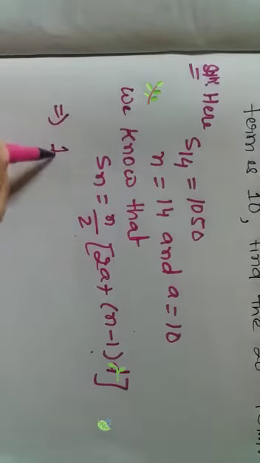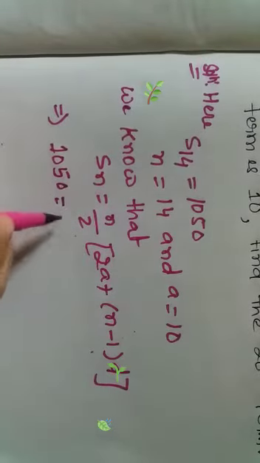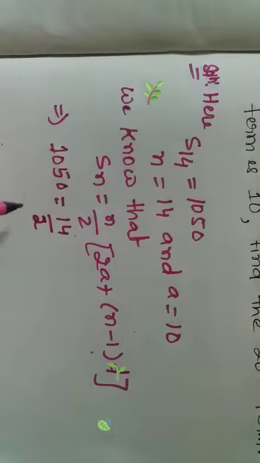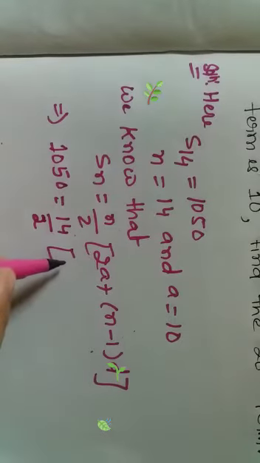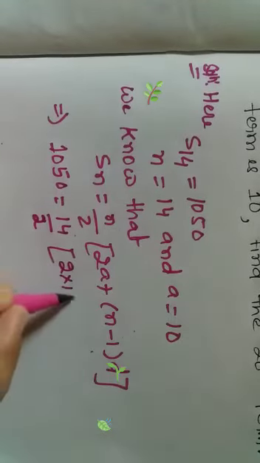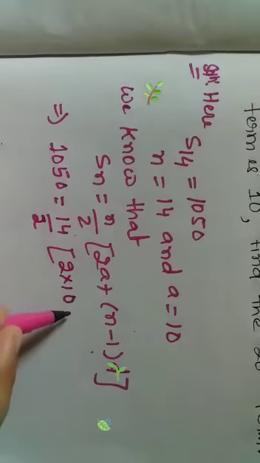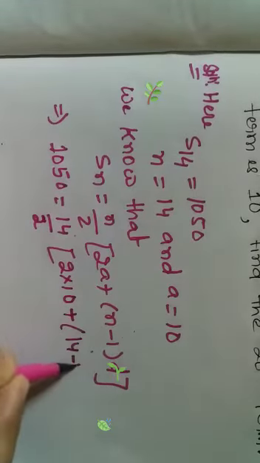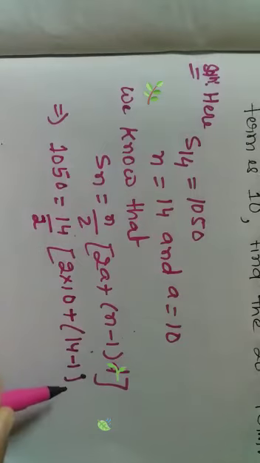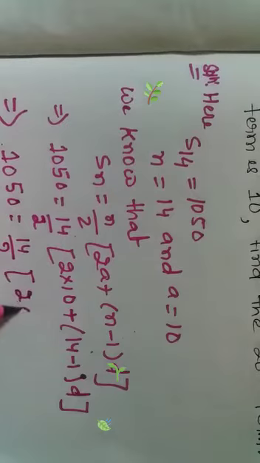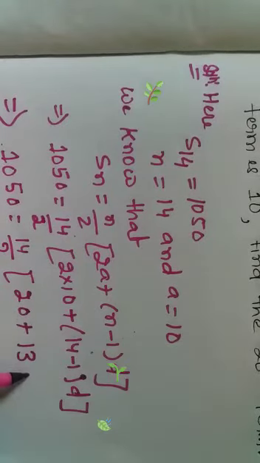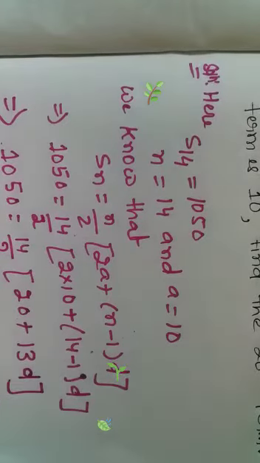So 1050 is equals to 14 by 2 into 2 into 10 plus 14 minus 1 into d. So this becomes 1050 is equals to 14 by 2, you can write 7, into 20 plus 13d.